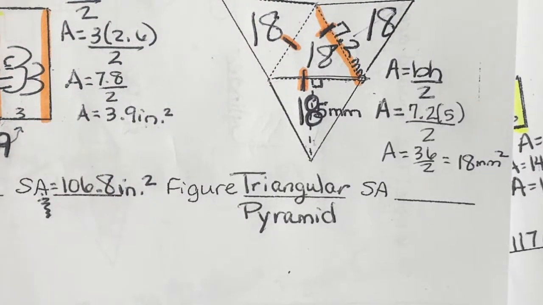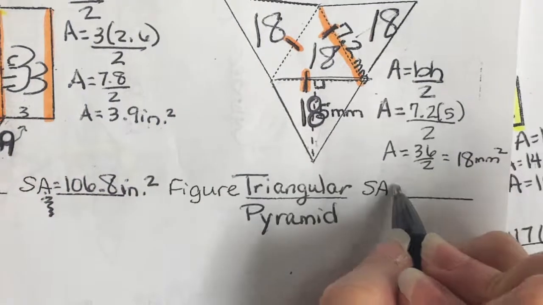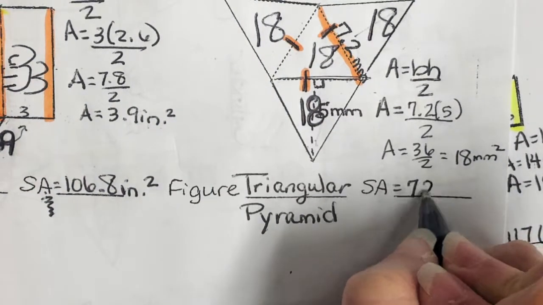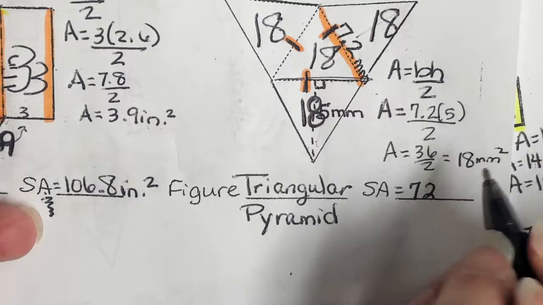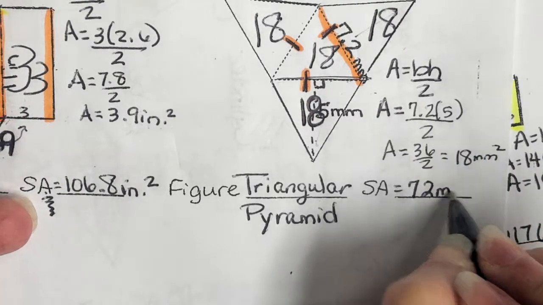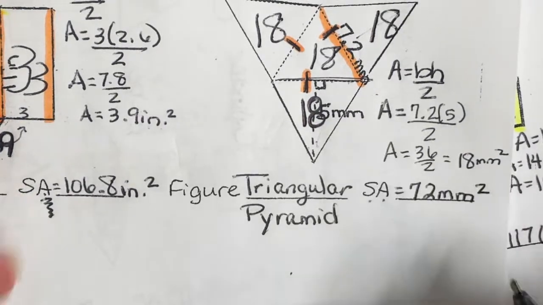So in the end, we have to do 18 times what? How many 18s are we using? 4. Wait a minute. 18 times 4, guys. 72 millimeters squared. Surface area.